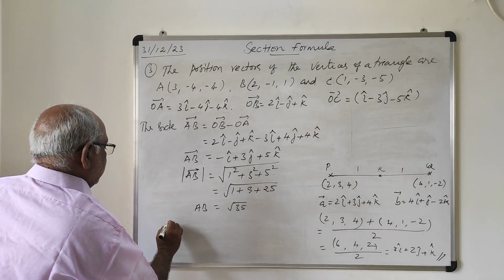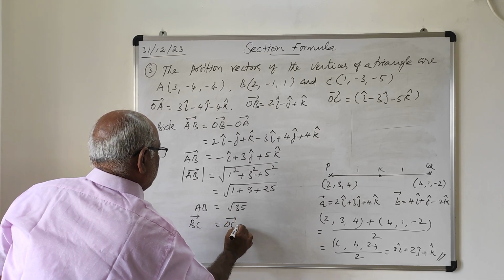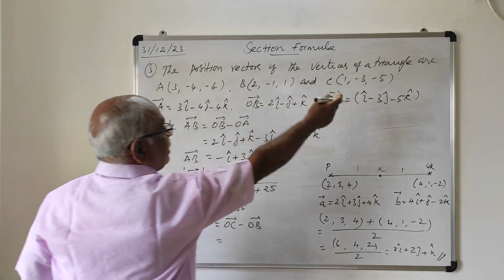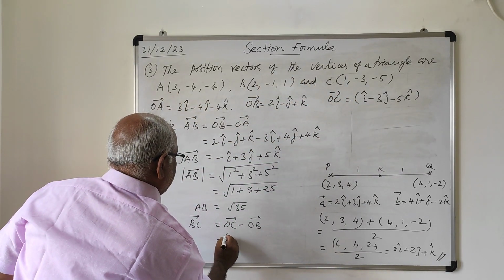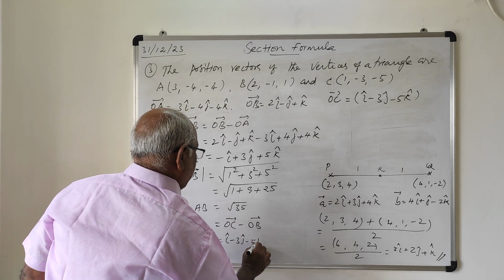Similarly, the BC vector is OC vector minus OB vector. You know the OC vector is i minus 3j minus 5k.